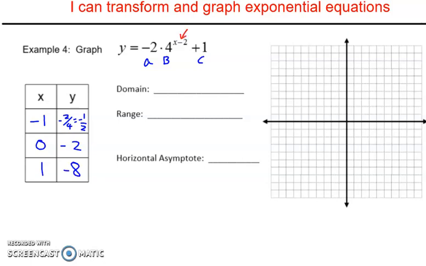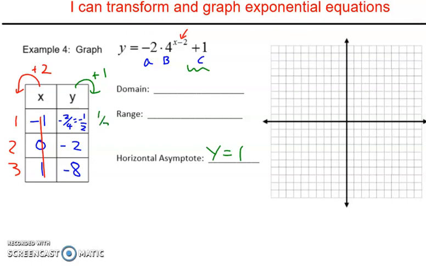In the exponent, we're going to go ahead and add 2 to the x's because we do the opposite. Hanging out here, we're going to add 1 to the y's because that's exactly what we do to the y's. And that's also our horizontal asymptote.